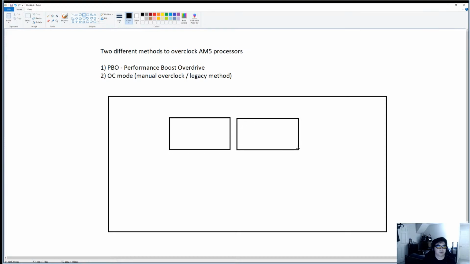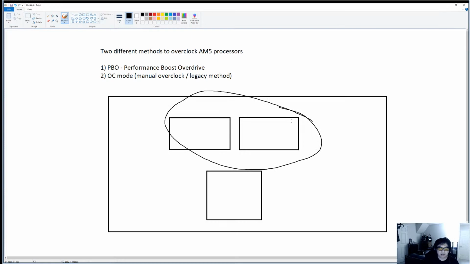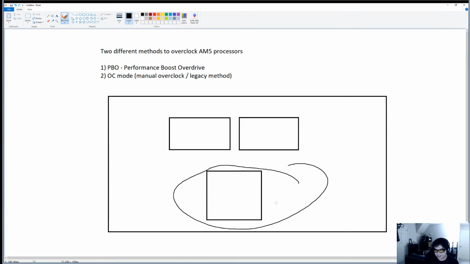I think most people who are familiar with Zen processors already know about this. And then you have an I/O die, which in the case of Zen 4, these two top dies are on TSMC 5 nanometer, and the I/O die is on 6 nanometer.